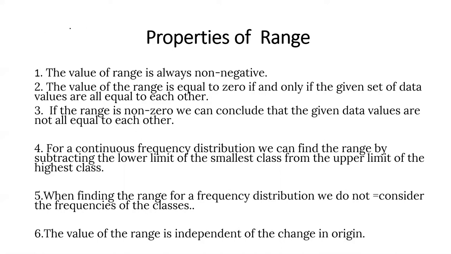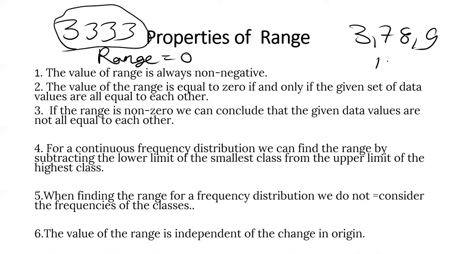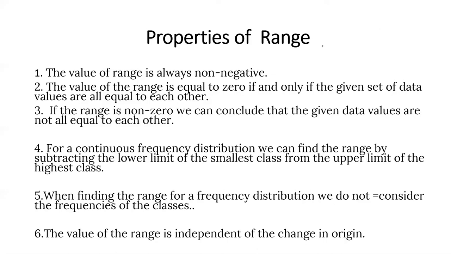Suppose you have to calculate the range of 3, 3, 3, 3, 3, the value of the range will be 0. But in case you have 3, 7, 8, 9, 10, you can easily determine largest minus smallest, so 7 is your range. I hope this is clear.